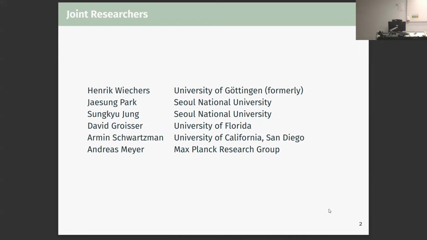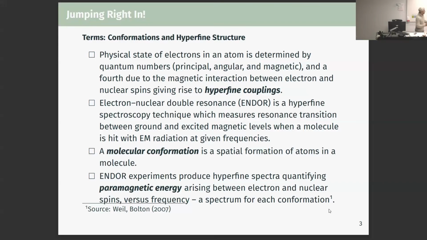So I kind of inherited the problem a little bit from Henrik Busch's. I currently collaborate with Jason Park and a few other more senior researchers. Andreas has all the data that I used, and it's been extremely helpful. So just a quick shout out to those people. Right, so let's jump right in.